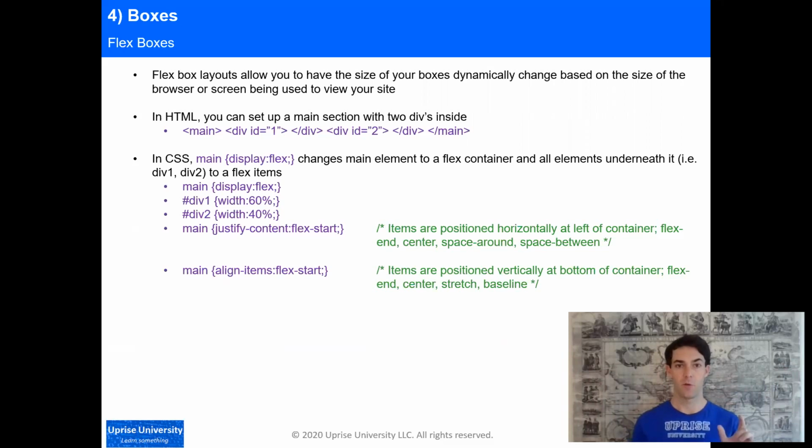So that way, div 1 will always be 60% of the main box, and div 2 will always be 40% of the main box, and they'll move as the web page changes. You can also align the elements in terms of top and bottom and left to right. And there's a few other different options in terms of how you can actually start aligning your content here.